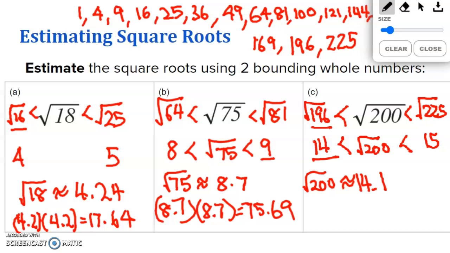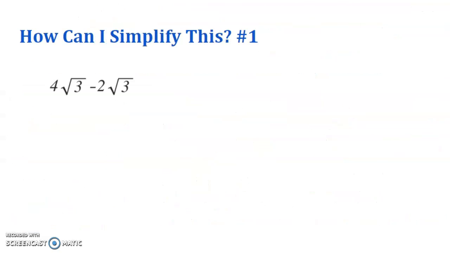And if I multiply 14.1 times 14.1, I get 198.81, which is certainly very close to 200. And we'll continue in our next video recording.